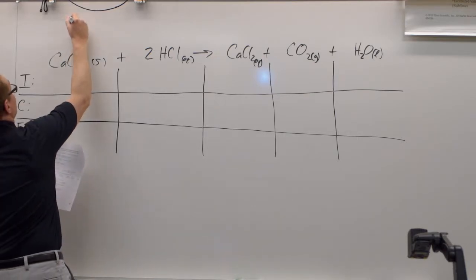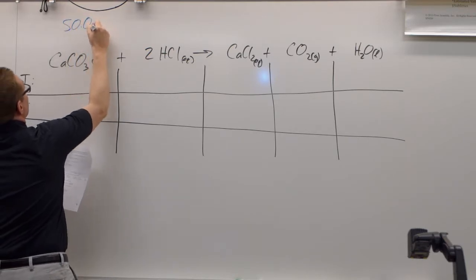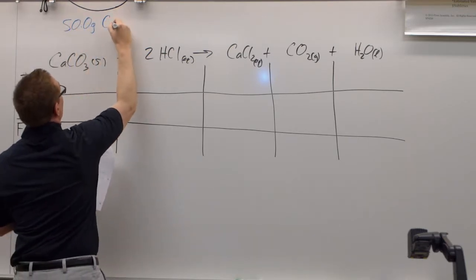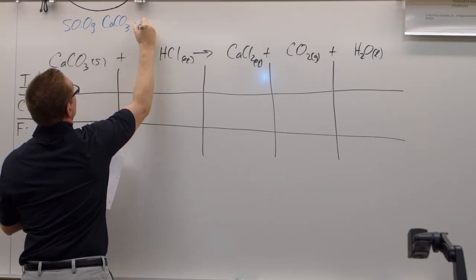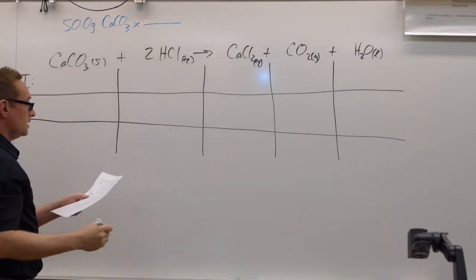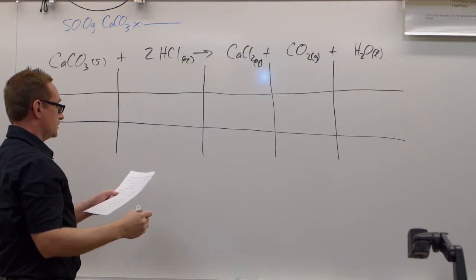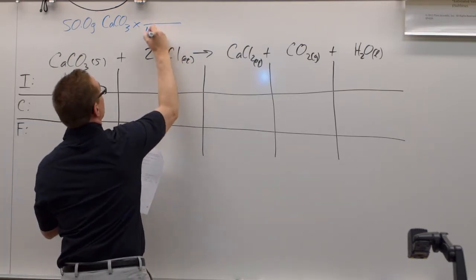All right, so we got 50.0 grams of calcium carbonate. And the molar mass of that is 100.09.